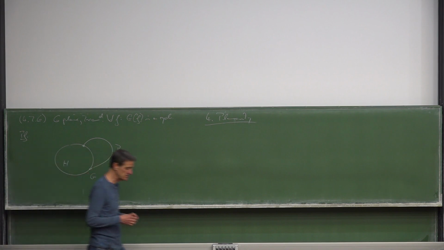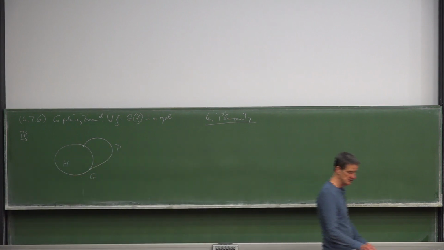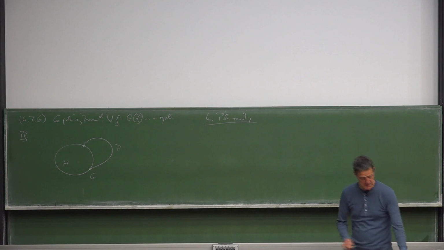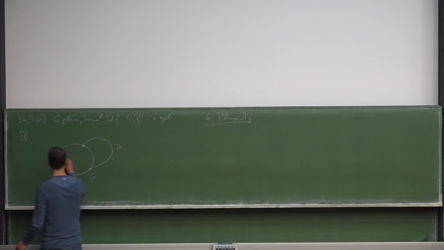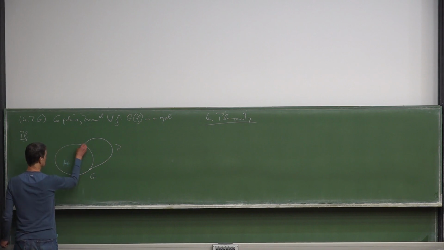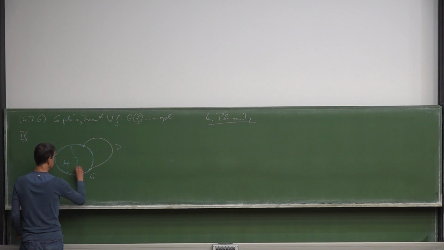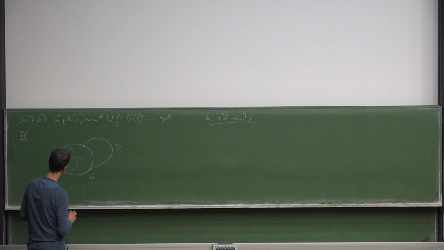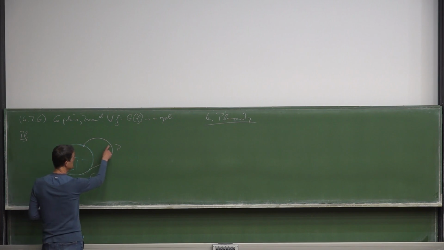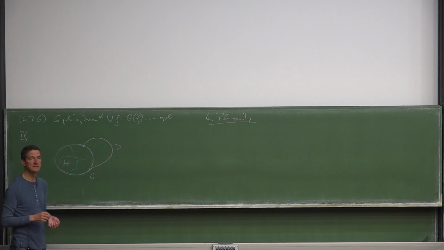So we have this H, to which we added an H-path P. And H has some other stuff in there. And now H has a face that contains the interior of P. Why is that?